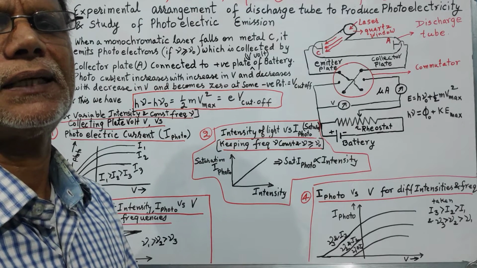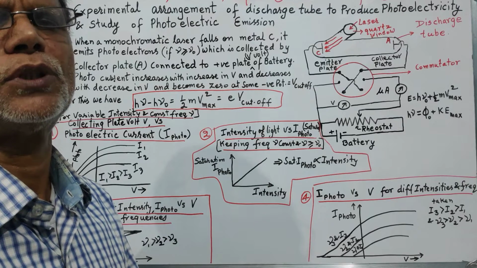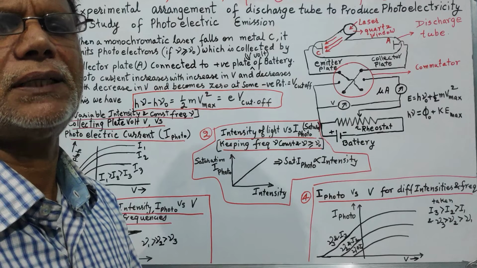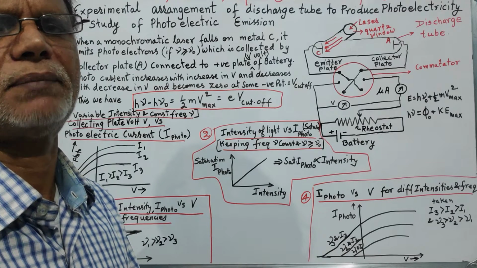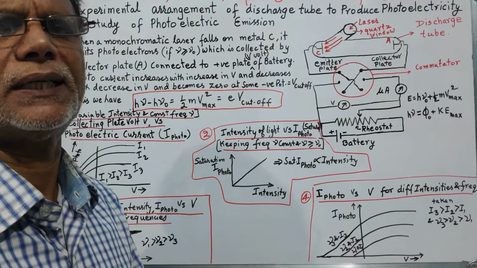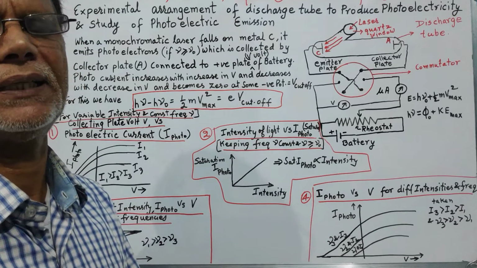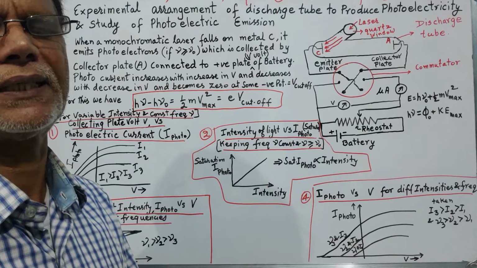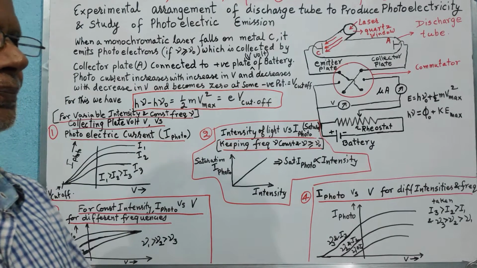They are then energetic enough to jump away from the metallic surface, breaking away the grip of the atoms of the metal. These electrons are known as photoelectrons, and the current produced due to these electrons is known as photoelectric current or photoelectricity.